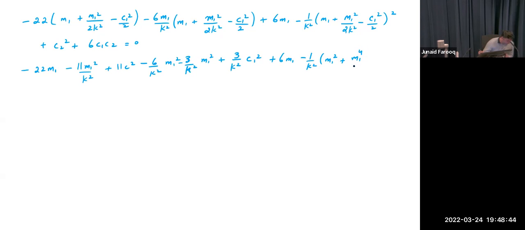Okay, so there's the power 4, plus c1 to the power 4 divided by 4, plus 2m1 cubed over 2k squared, minus m1 squared c1 squared over 2k squared, minus m1 c1 squared, plus c2 squared plus 6 c1 c2.